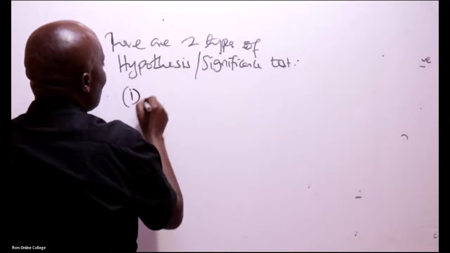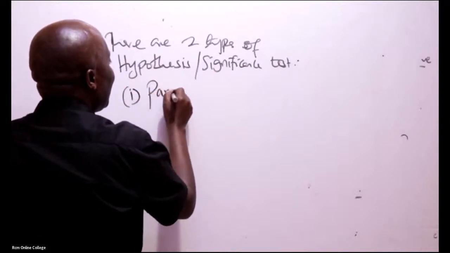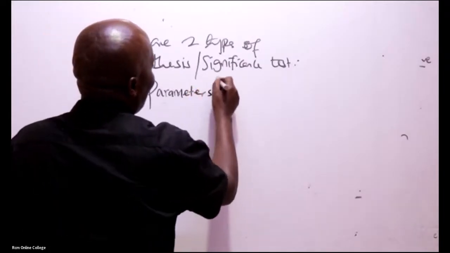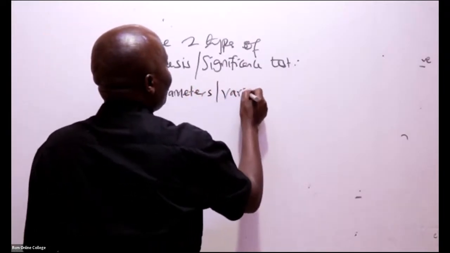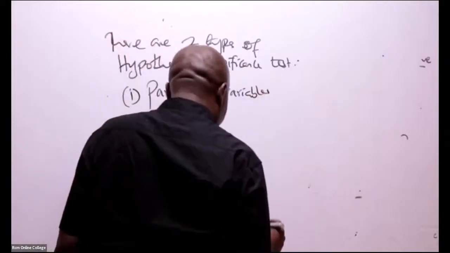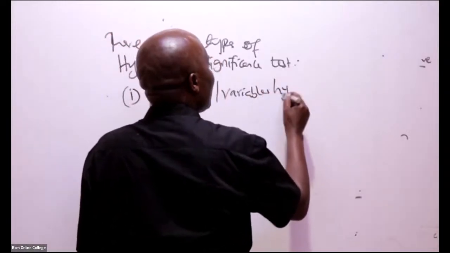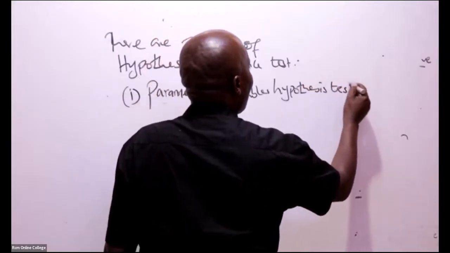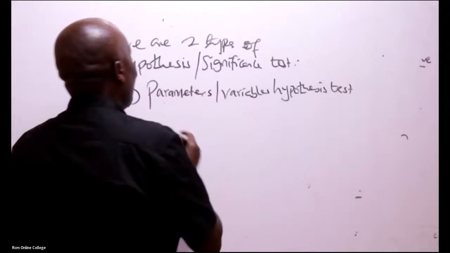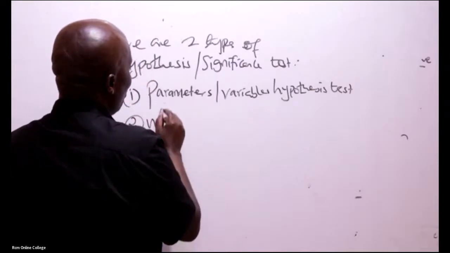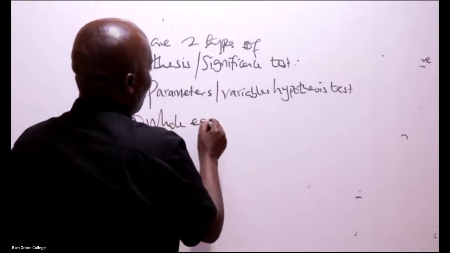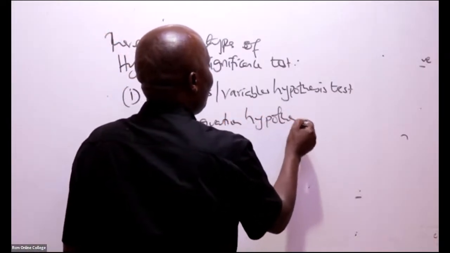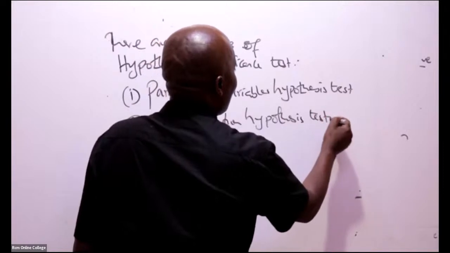Number 1, we have the parameters or variables hypothesis tests. And then number 2, we have the whole equation hypothesis test. 2 of them.